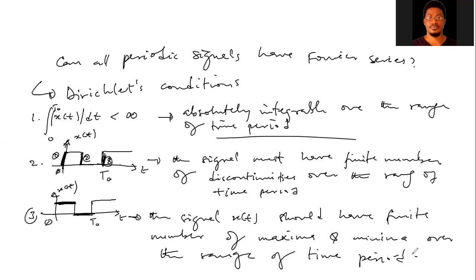So now that we've been able to establish some sufficient conditions for a periodic signal to have a Fourier series, the next thing that comes to mind is, why do we want to perform this operation? We want to be able to tell the frequency components of the signal.